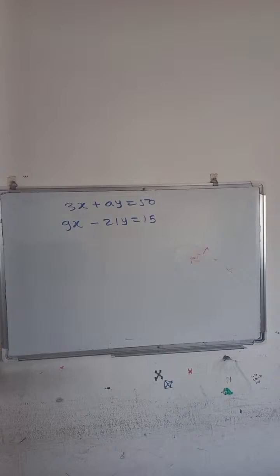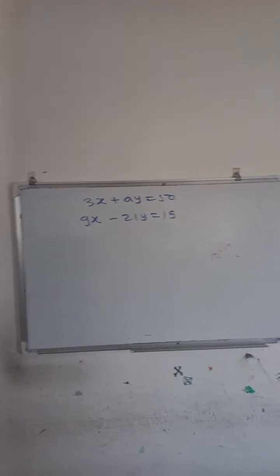So here we have to find the value for a, and they have given one condition: find the value of a for them to be parallel. So how can you find this?